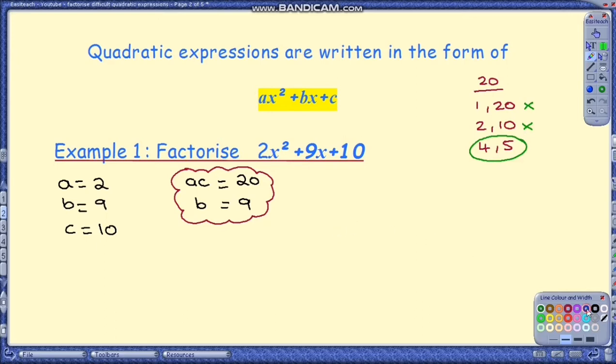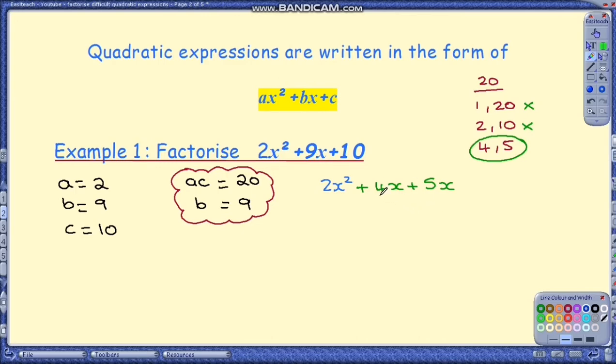Okay? So what we do at this stage, or what I do at this stage, is I rewrite my expression 2x squared. But instead of the 9x, I'm now going to write it as 4x plus 5x. Okay, so I'm breaking it down into 2 different terms.